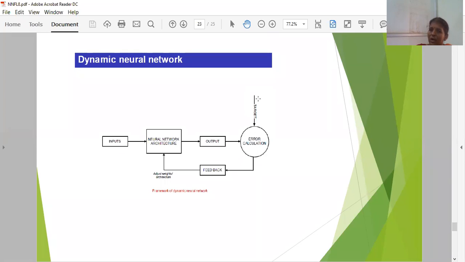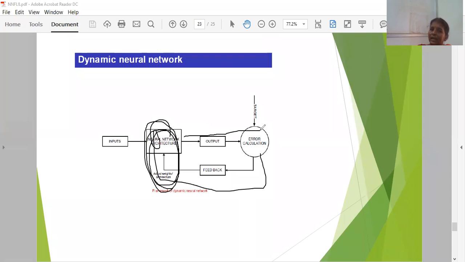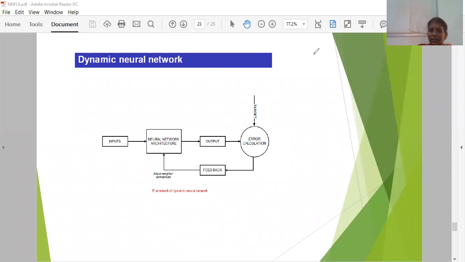If the target value is not reached, you are feeding back this error signal back to the architecture. You are adjusting the weights of the architecture, resulting in the desired output. Here you are feeding back your error calculation. The other name for this dynamic neural network is the recurrent neural network architecture.